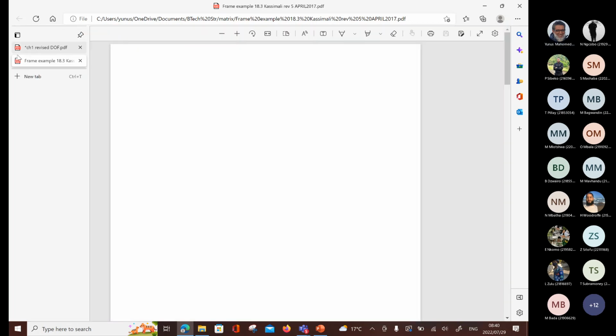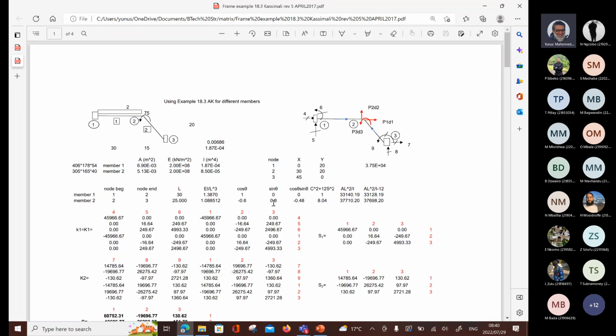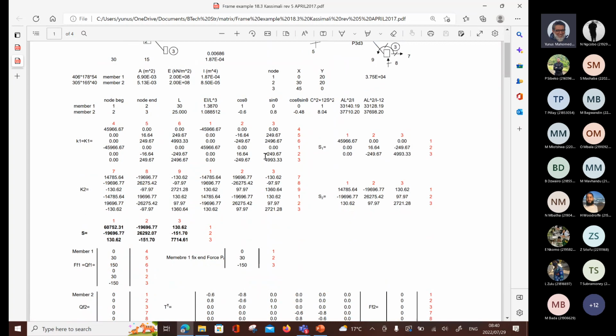This will be done in the honors for you guys. There's a solution for a 2-member plane frame. These are the matrices that are involved.